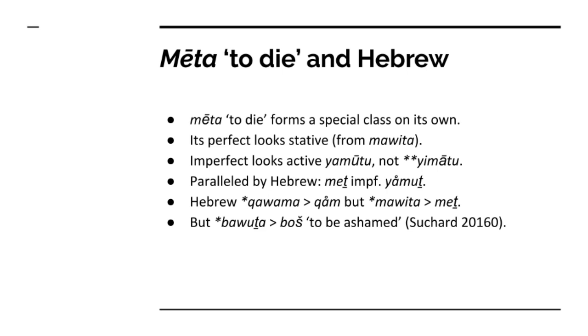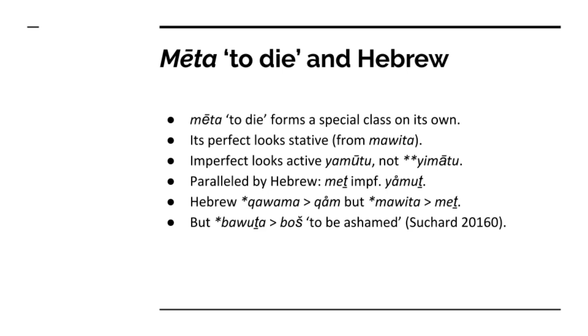I just realized that I haven't checked these forms, but I hope they're correct. But I know at least that there's an a and o vowel there, which is the important part. Meth, yamuth. With indeed an inexplicable a, because other hollow verbs don't work like this. Like qawama seems to give qam, but mawita seems to give meth, which looks very similar actually to what we see in this form of Arabic.